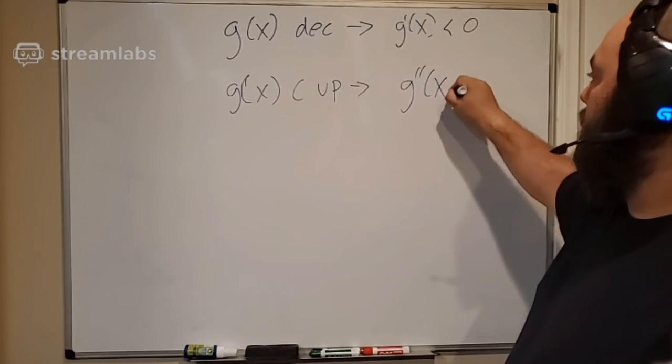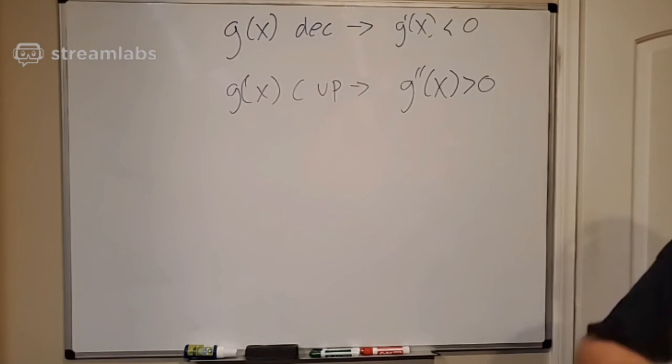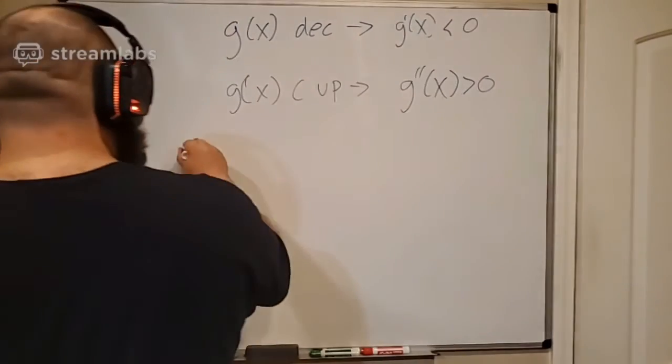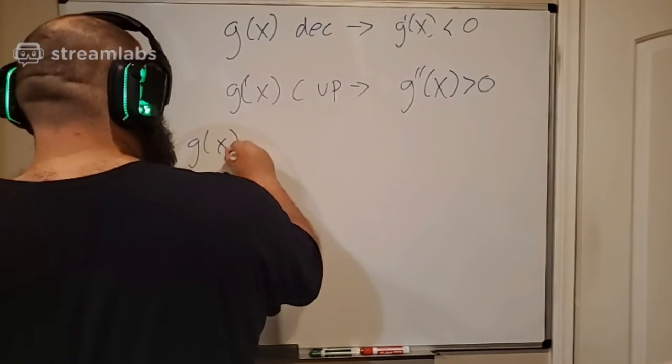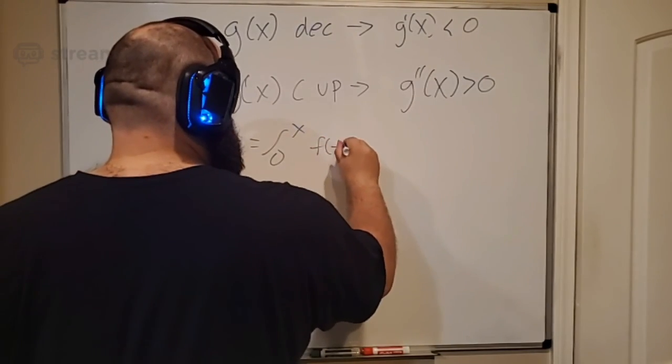We now have to tie that to the information in the question. So they gave us that g of x is the integral from 0 to x of f of t dt. So we need to figure out g prime and g double prime.